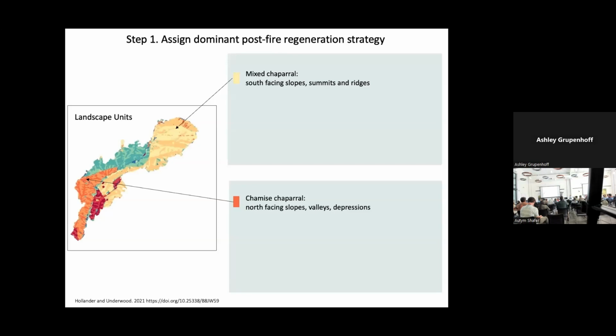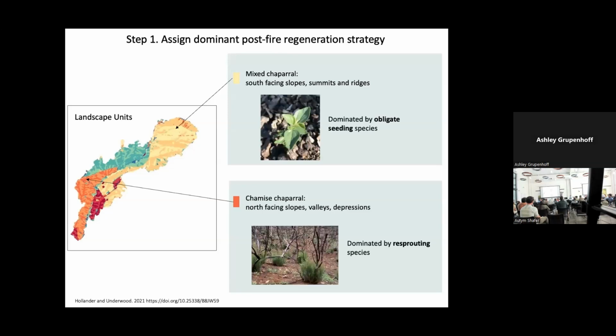So, for example, we've got mixed chaparral, south-facing slopes, summits and ridges, and then we've got chamise chaparral, north-facing slopes, valleys and depressions. And then once we had these units, we wanted to characterize them by the proportion of obligate seeding species or dominant resprouting species.